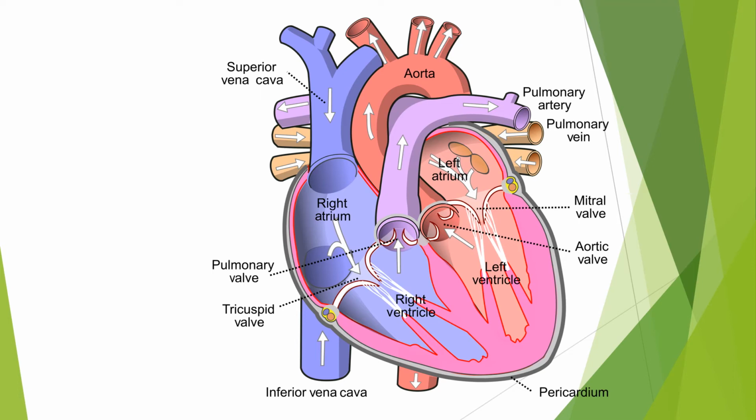Also we have 2 valves before entering the main vessels from the ventricles. In the pulmonary artery, it is the pulmonary valve. At the opening to the aorta, there's the aortic valve, which opens from the left ventricle.